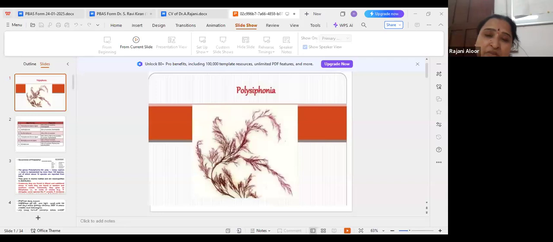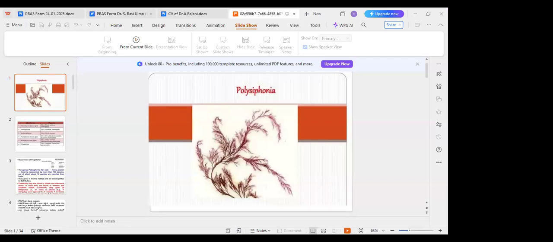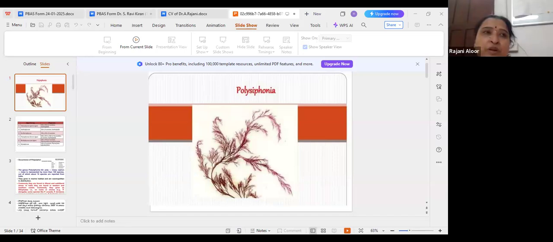And what type of life cycle is present? Alternation of generations, haplodiplontic life cycle of Ectocarpus. These are complete for the chlorophyceae and pheophyceae members.